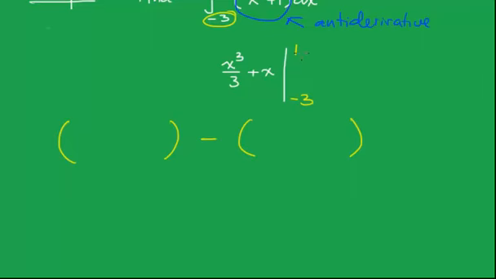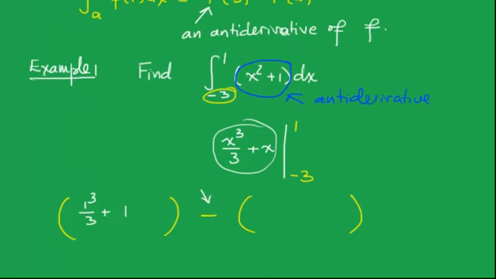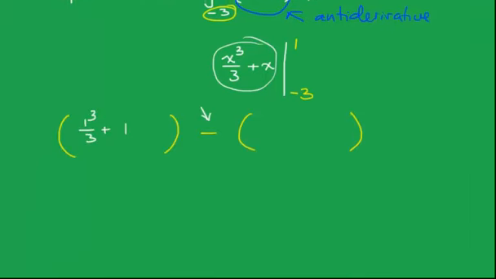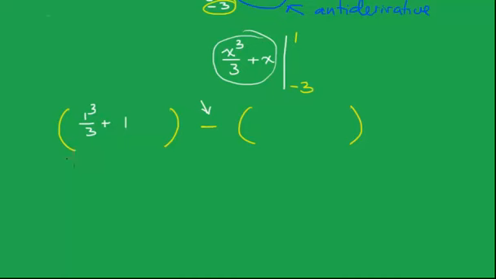The upper limit here is 1, so when you plug 1 into this antiderivative, you get 1 cubed over 3 plus 1. And then minus is always minus. If you look at the FTC part 2, you see the minus sign here. So it's always minus. That's why it's a good habit to write 2 sets of giant parentheses separated by the negative sign.